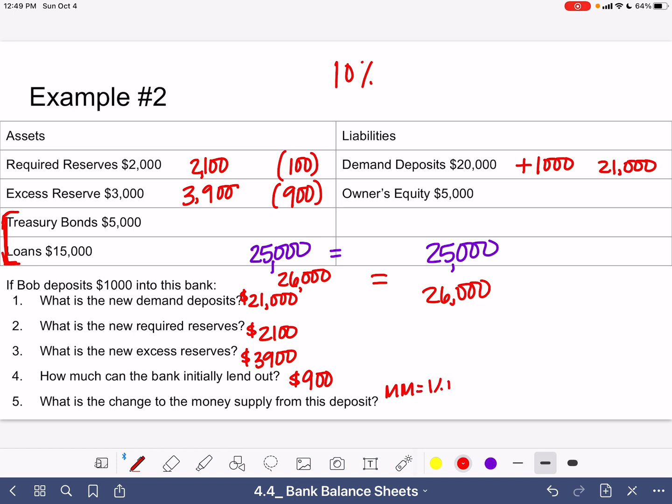It's going to be 1 over 0.1, which is 10. And then the change to the money supply is going to be the excess reserve times the money multiplier. So our excess reserve was 900 times our money multiplier of 10. So our change in the money supply is going to be an increase by $9,000.